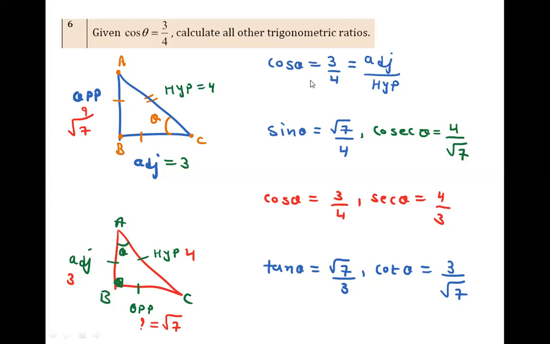10. 11. 12. 13. Present, ma'am. 12 and 13 both. 14. 15. 16.